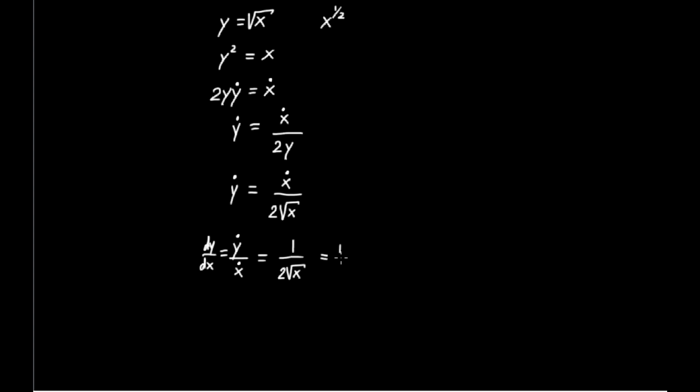Another way of writing that is 1/2 times x to the minus 1/2. And again, if you know calculus, this should be no surprise. That exponent comes down to the front. We get 1/2, and then we subtract 1 from that exponent. So the derivative, or the fluxion, of x to the 1/2, or the square root of x, should be 1/2 times x to the minus 1/2.